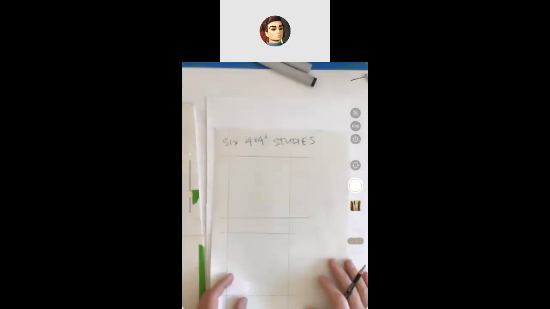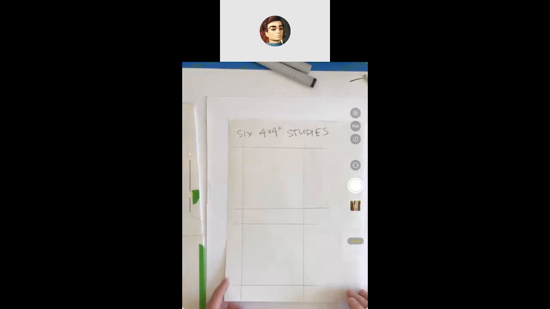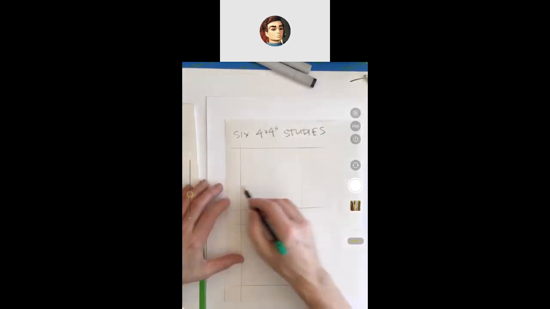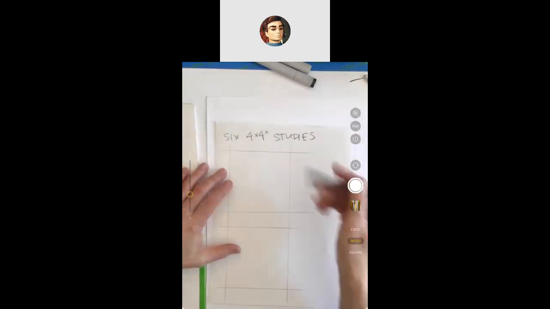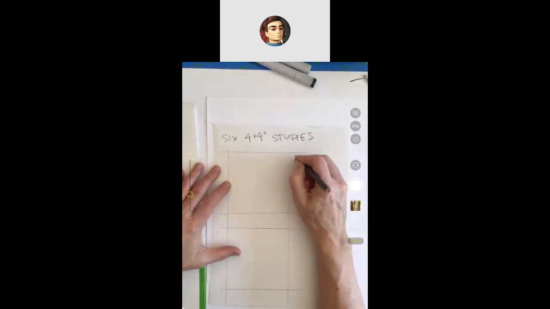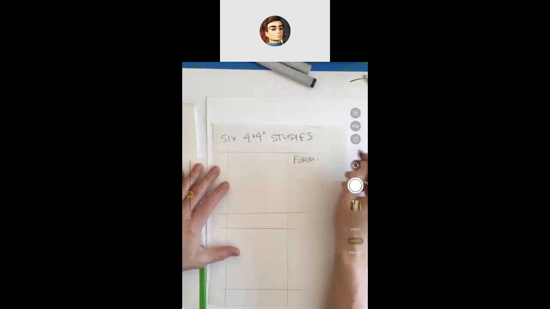Okay. Now these don't have to be drafted exactly. They can be sketched out as long as they're close to this size. That's fine. Now, so we're trying for form, and that is 3D.